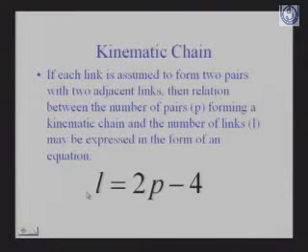Here is one of the rules: if each link is assumed to form two pairs with the two adjacent links, then the relation between the number of pairs, P, forming a kinematic chain, and the number of links, L, is expressed as L = 2P - 4. If any chain satisfies this condition, that means the left hand side is equal to the right hand side, then we can say that this chain is a kinematic chain.